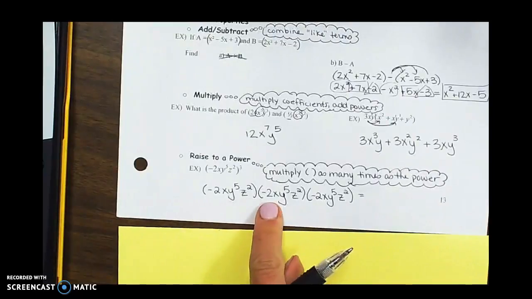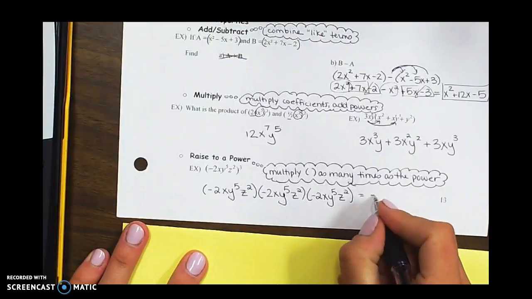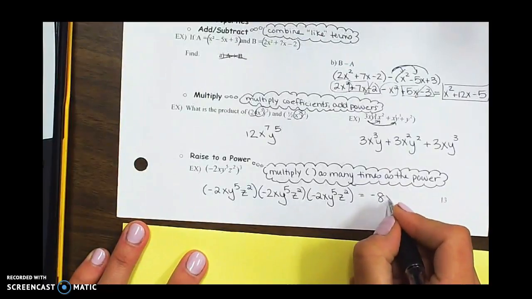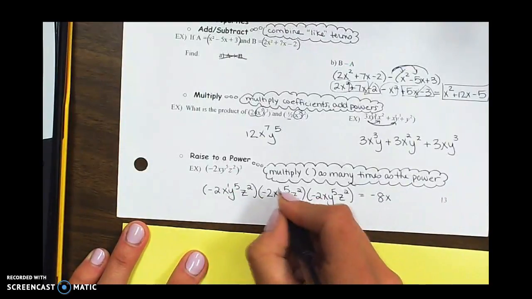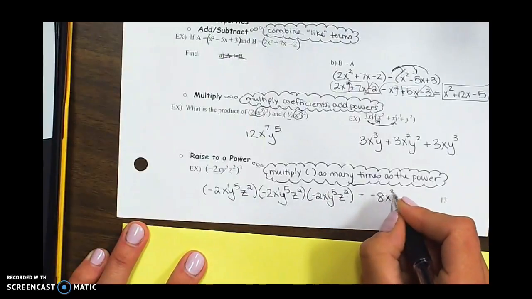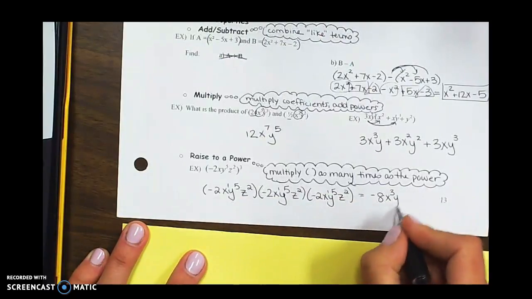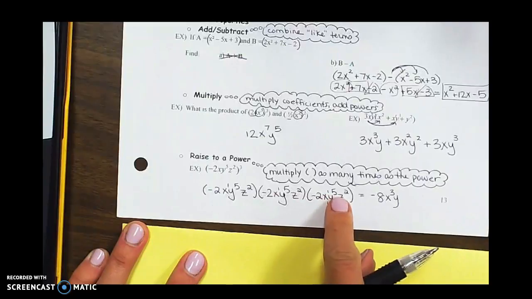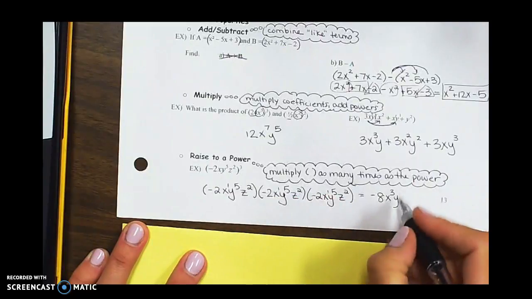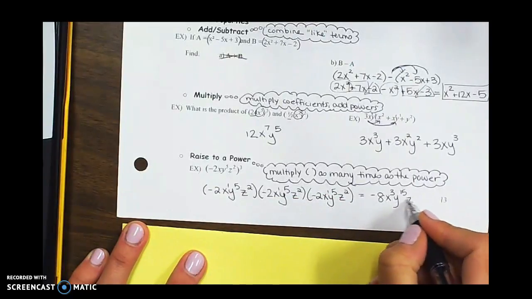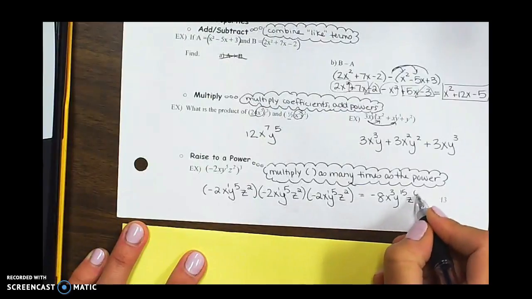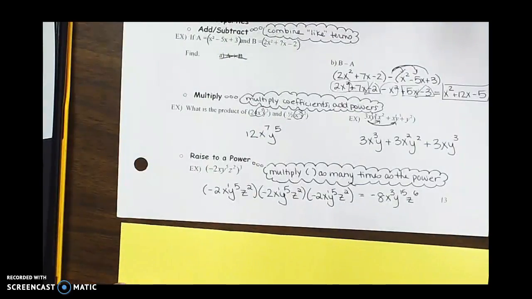Negative 2 times negative 2 is positive 4, times negative 2 is negative 8. And then x, we have a power of 1, 1, 1, so that gives me x to the 3rd. Then y to the power of 5 plus 5 plus 5 is 15. And then z, 2 plus 2 plus 2 is 6. And we've got it.